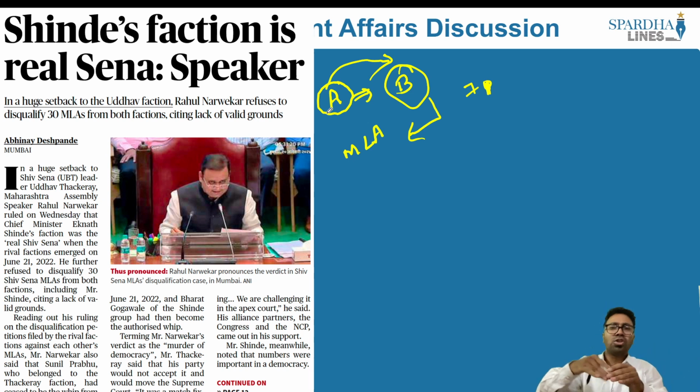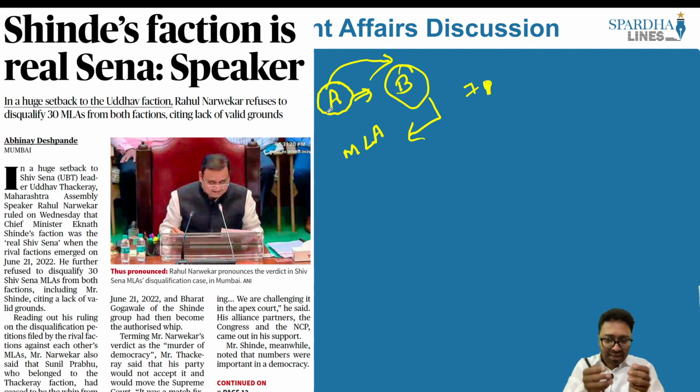The other part is how many people are currently the MLAs or the MPs of that party. Now, Uddhav Thackeray ji's Shiv Sena has about 14 odd MLAs, while Eknath Shinde ji's has more than 40 odd MLAs.